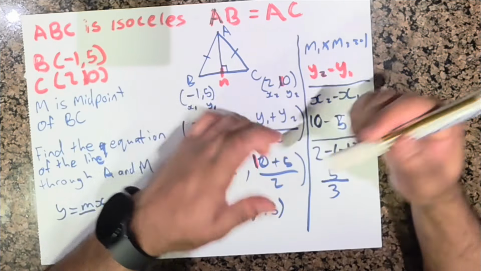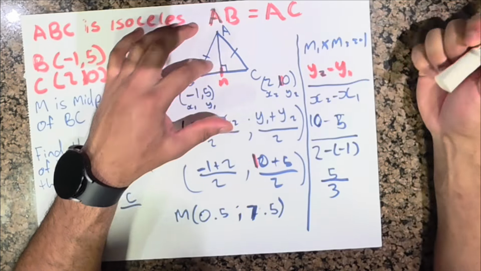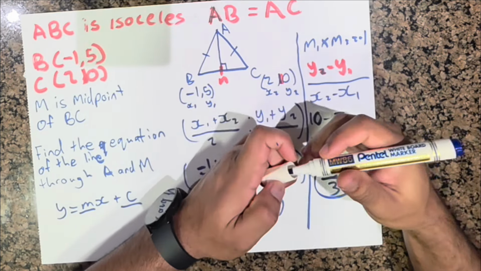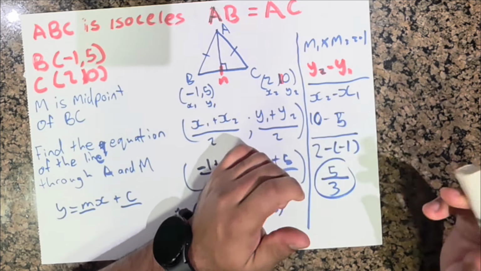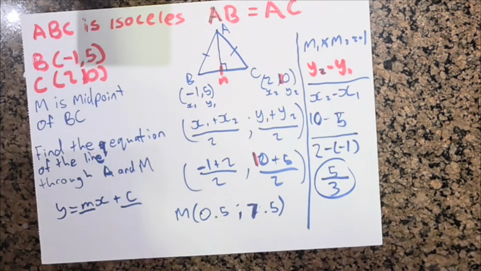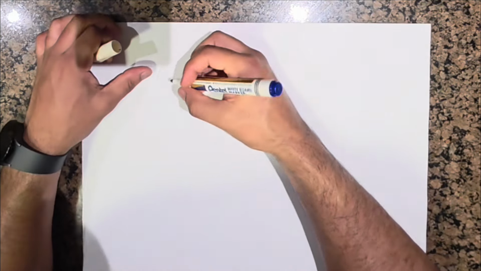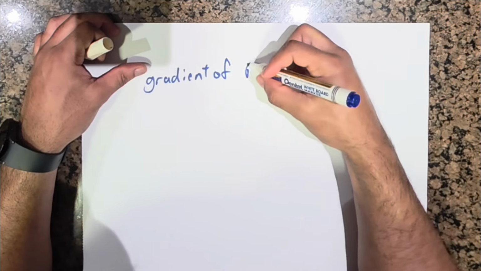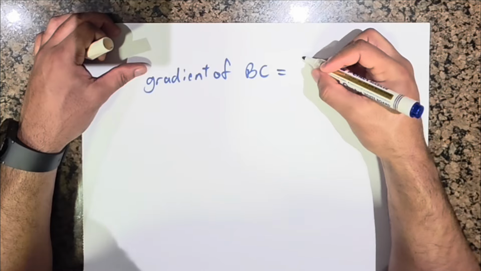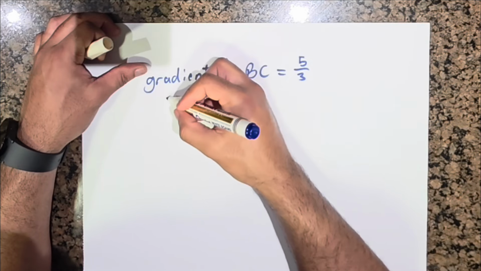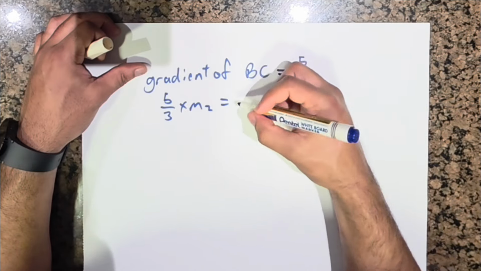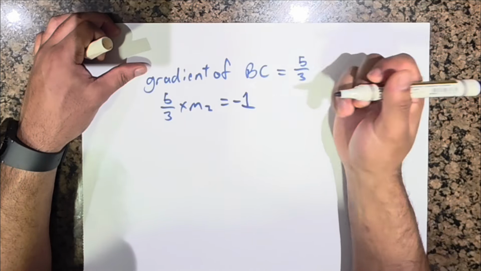But we want the gradient of AM. That means we need to basically take the reciprocal of this and change its sign. So what am I saying? Let me just get a new page out here. If the gradient of BC is equal to 5 over 3, then we're going to say 5 over 3 multiplied by m2, which is the other gradient, is equal to negative 1.